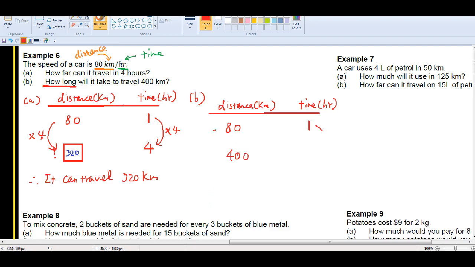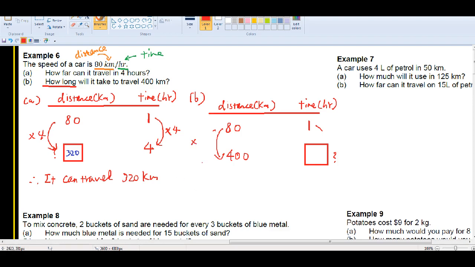Then you are going to find the time. So time is over here. That's what you are going to find. This time we give the left hand side. How many times from 80 to 400, right? So you must times what number?